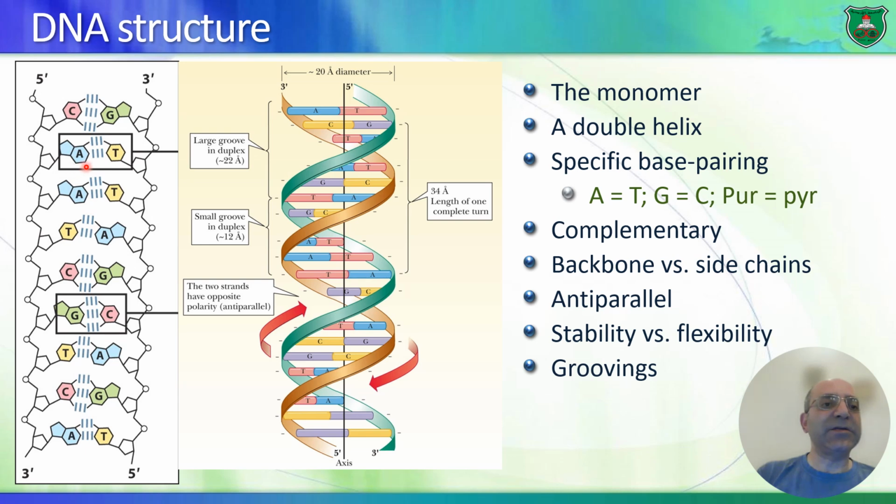The A and T pairing is mediated by two hydrogen bonds. This is important because if you have DNA that has a lot of G's and C's, the two strands are connected to each other in a stronger manner than a DNA molecule that is rich in A and T.